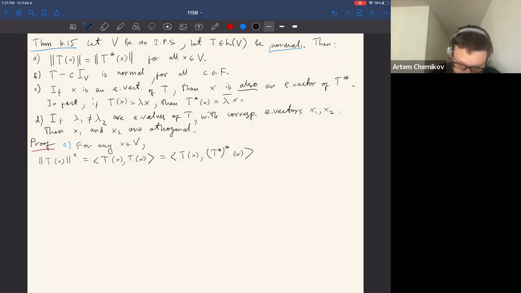This is theorem 6.11D, which tells us that for a linear operator, the adjoint of an adjoint is T itself. So this is equal to T star T of x inner product with x, and this is just the definition of the adjoint operator.